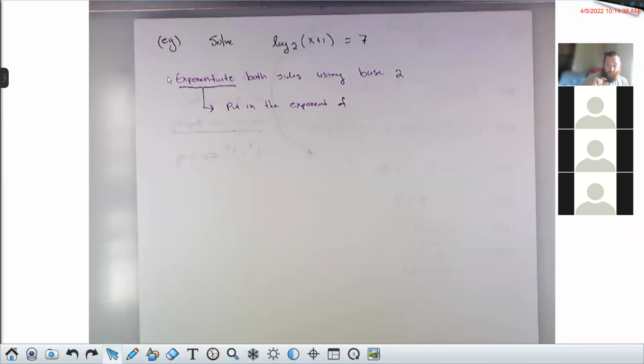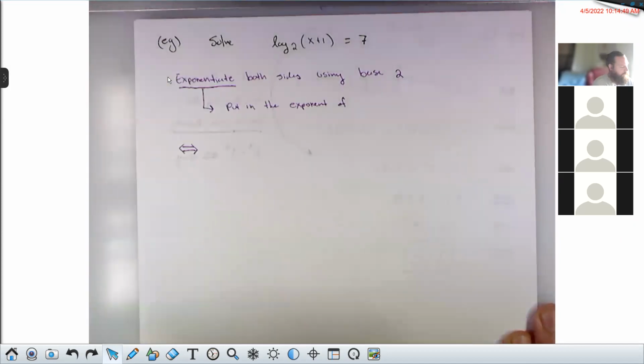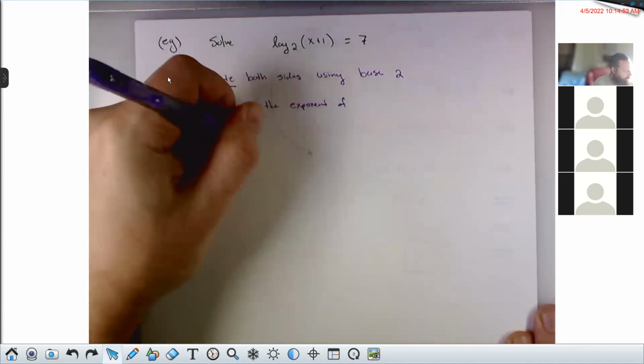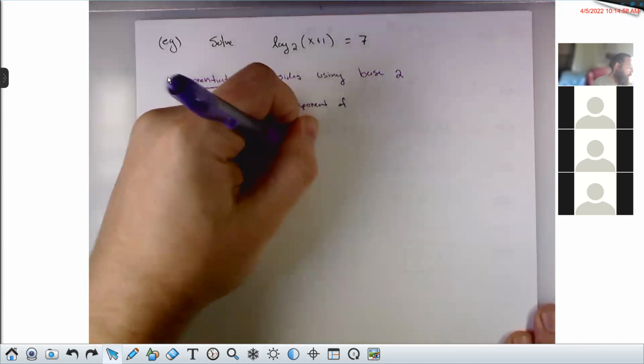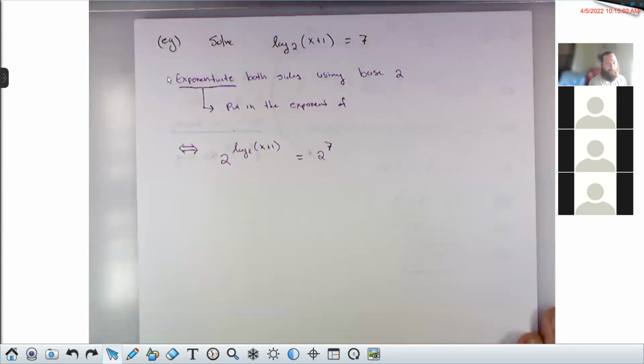I'm going to raise 2 to the power of each side. So it is a totally new operation. We will get 2 raised to the base 2 log of x plus 1 equals 2 raised to the power of 7.